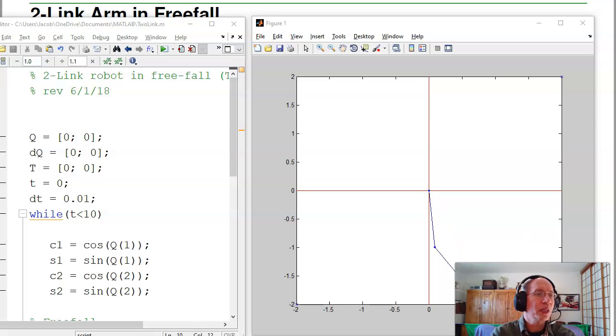The total energy should stay constant. Again, I don't have any inputs, so there's no place for the energy to go. Basically, the energy is bouncing back and forth. Sometimes it goes to the first link, sometimes it goes to the second link, sometimes it's potential energy, sometimes it's kinetic energy. But it should add up to a constant. We get these kind of strange whipping motions like that. That's just how it behaves.